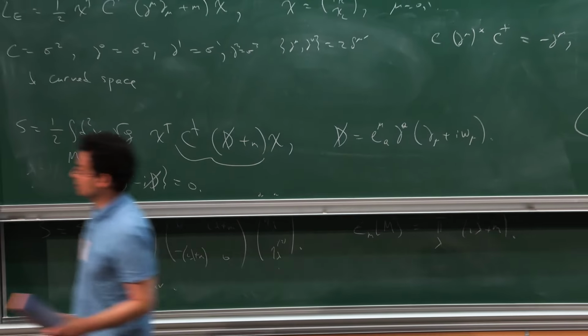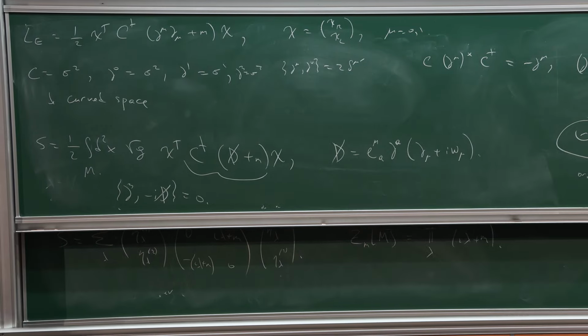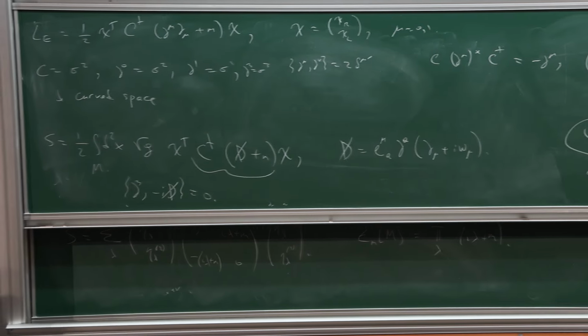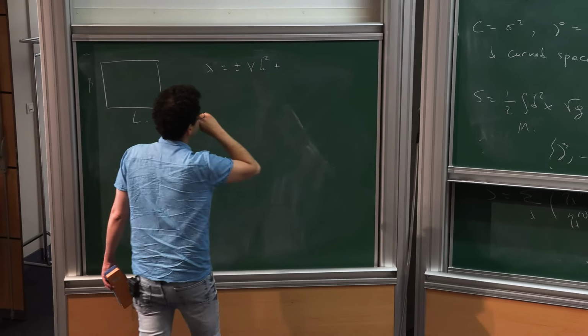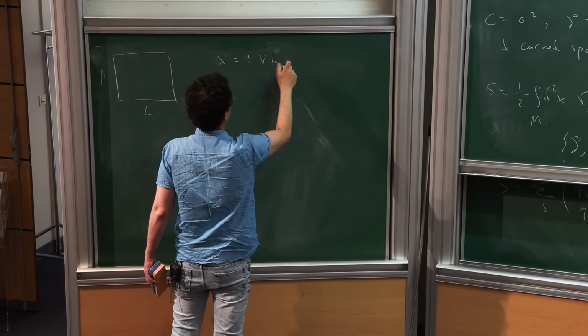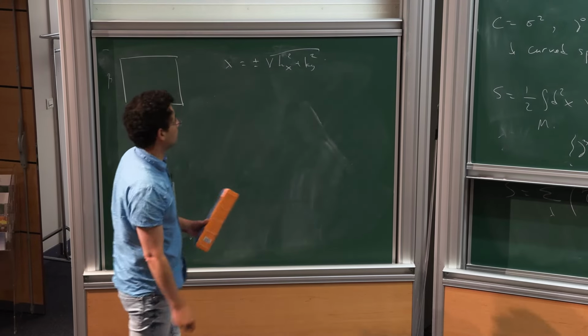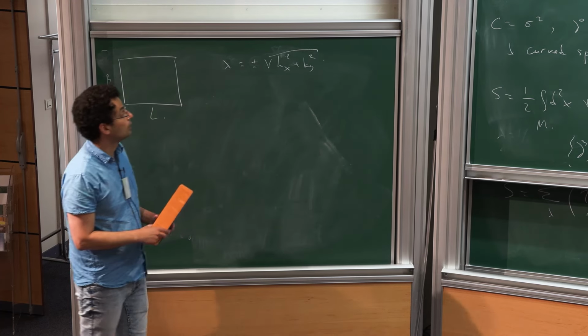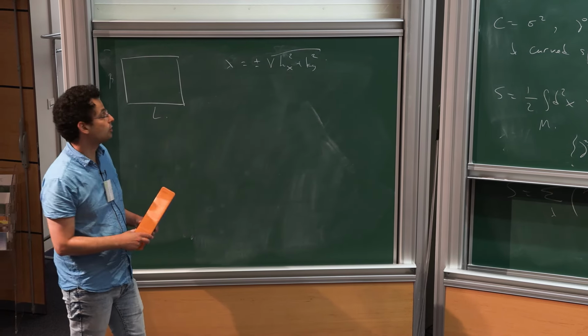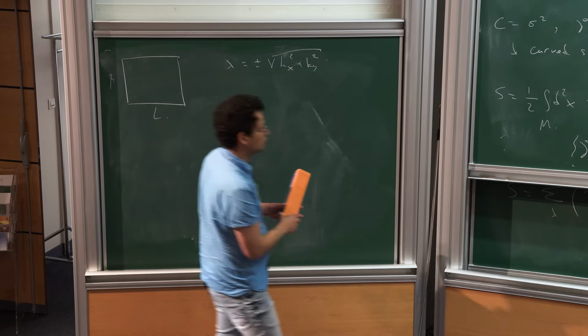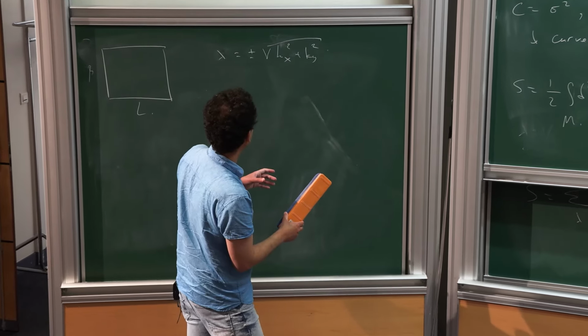Well, the spectrum, the eigenvalues lambda, are going to be kx squared plus ky squared, where kx and ky are the x and y components of the momentum. And, well, right.